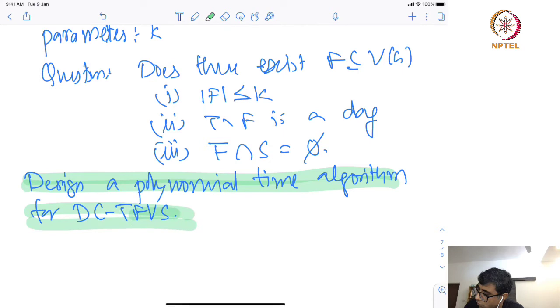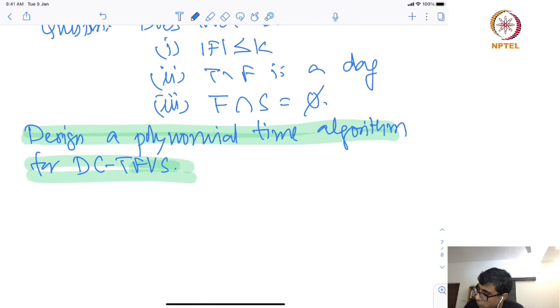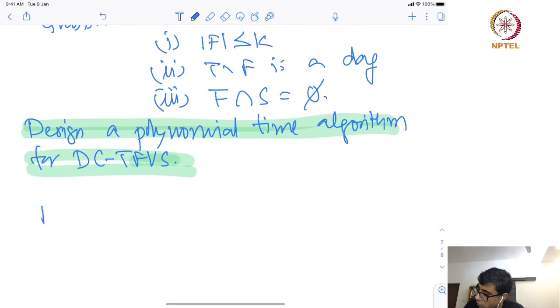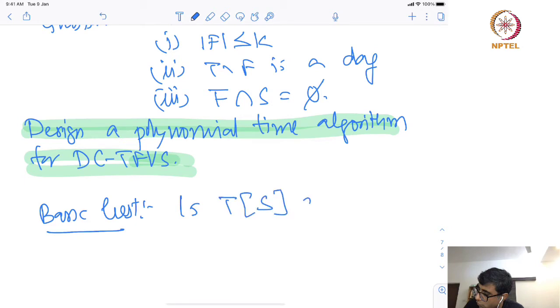And how are we going to achieve this? First, a basic test. What is our basic test? Is the tournament induced on S acyclic?